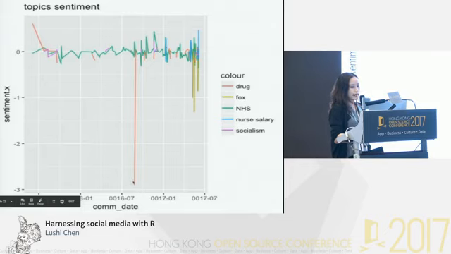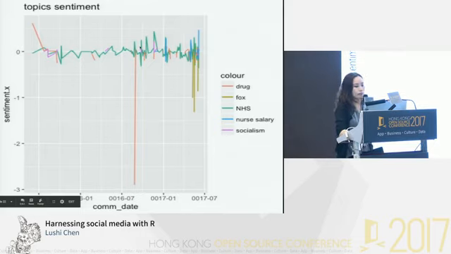So on this day, the drug sentiment is particularly low because the MPs proposed to legalize marijuana. That's why the sentiment suddenly drops. And we can see the fox hunting thing, and the nurse salary.